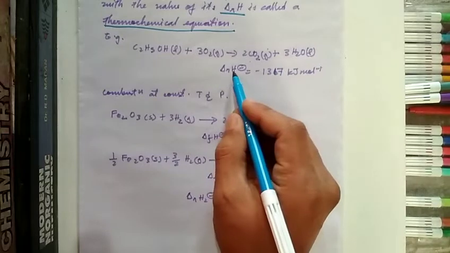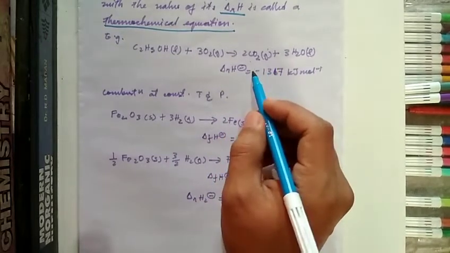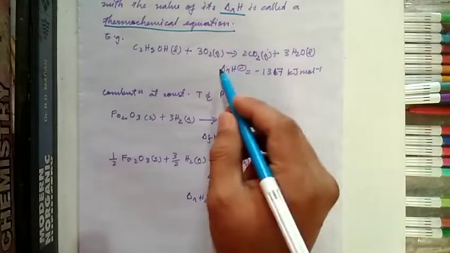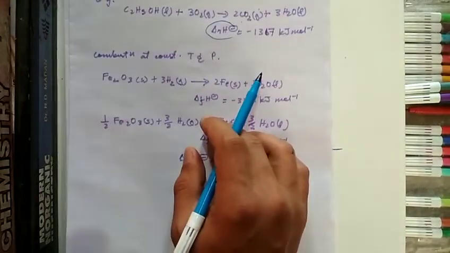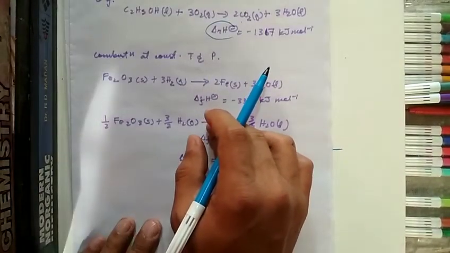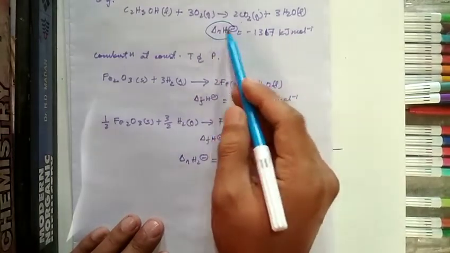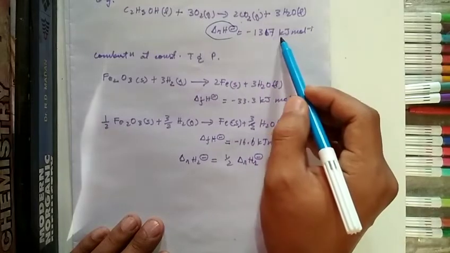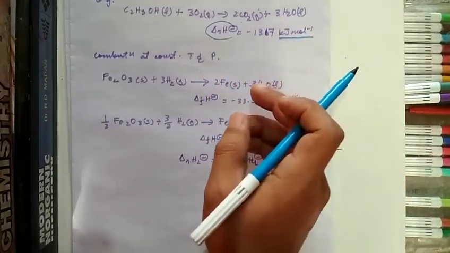So this delta rH refers to the number of moles of substance. Now this delta rH will have the unit kilojoule per mole, so please remember that.